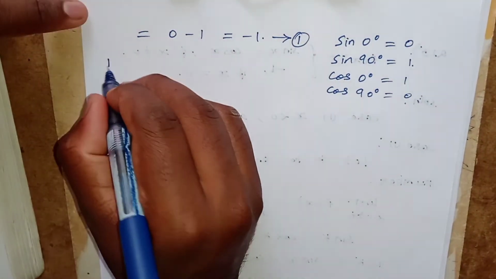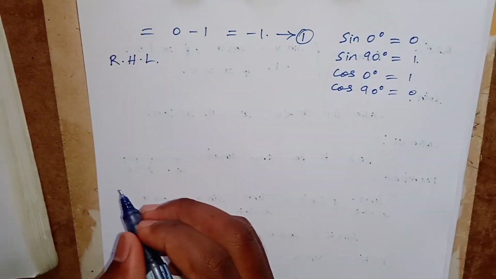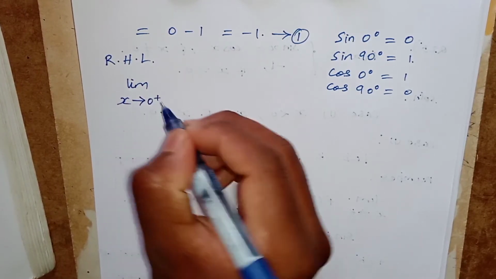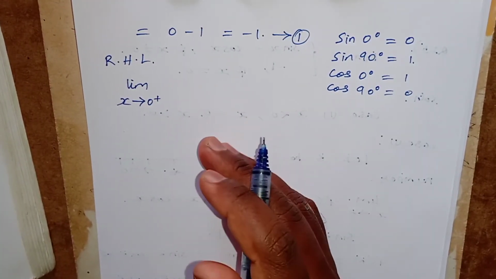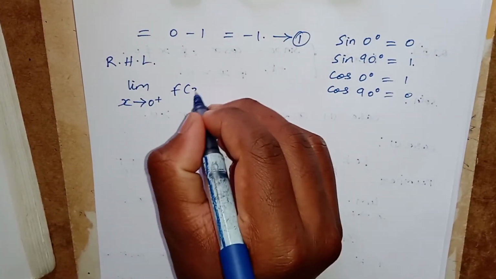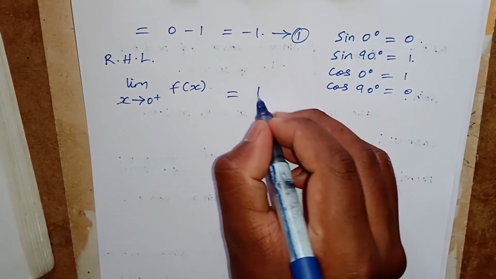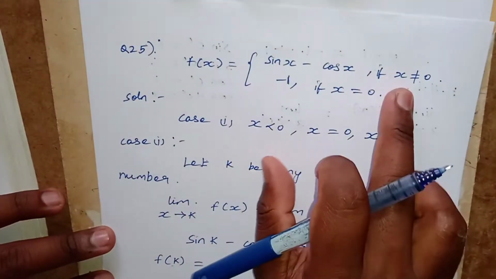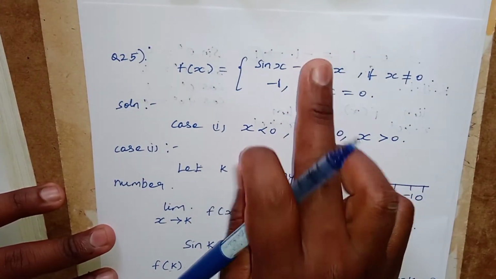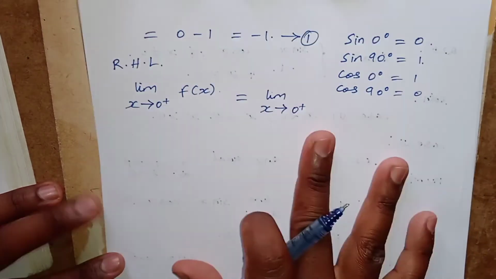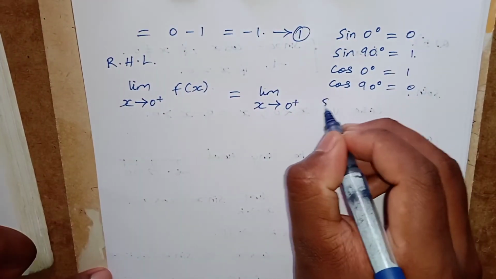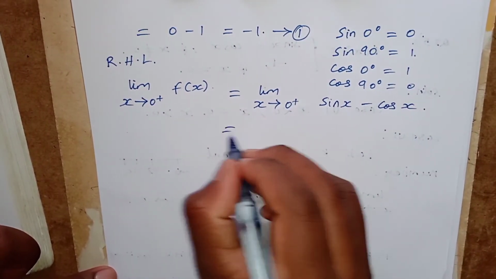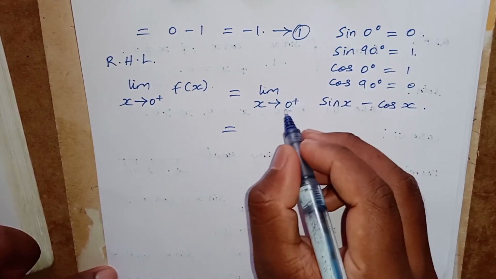Next, the right hand limit. First, limit x tends to 0 plus, because it is just greater than 0, like 0.1, 0.2. Here for f of x I have to choose the function for greater than 0, which is also the same function, sin x minus cos x. In the place of x you substitute 0.